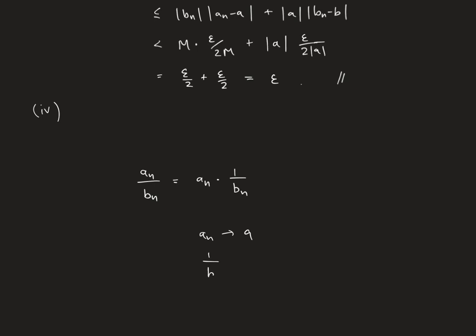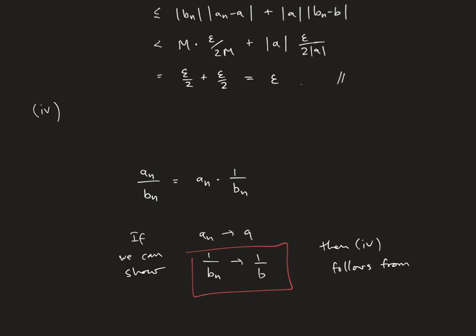If we can show that 1 over bn goes to 1 over b, then 4 follows from 3. And so that's the basic idea. So instead of showing this general thing about an over bn, we'll just look at 1 over bn. That'll be much simpler.